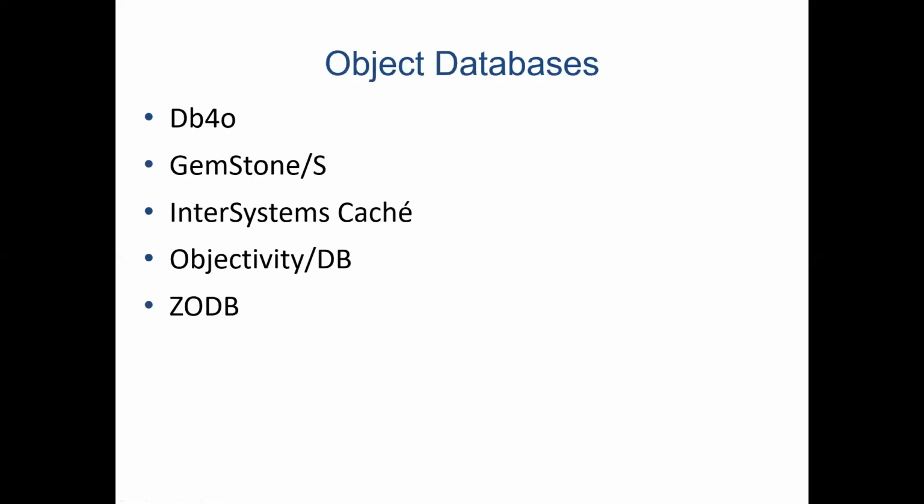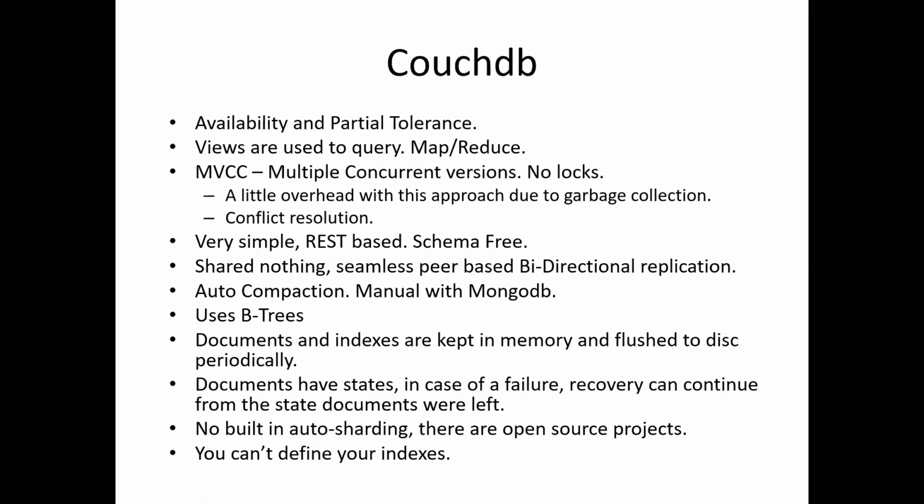Next you have object databases: DB4O, Gemstone, InterSystems Caché, Objectivity, ZODB. These are all object database systems. CouchDB is one such example. It's an AP tolerant database. Views are used for querying. It's an MVCC architecture, multi-version concurrency control.